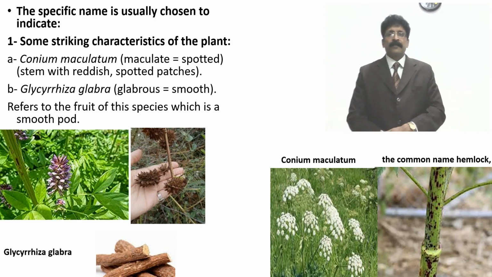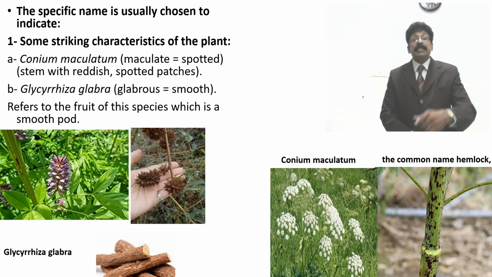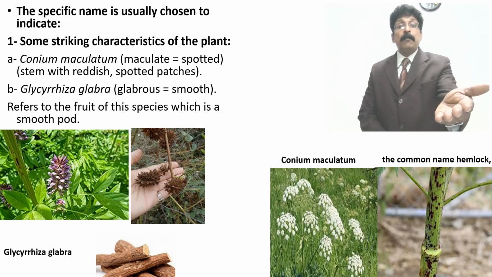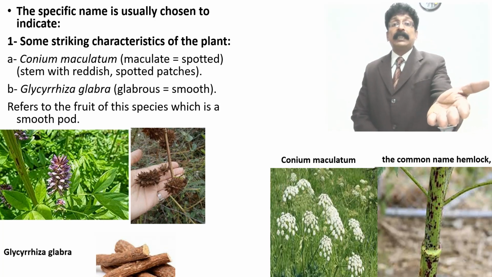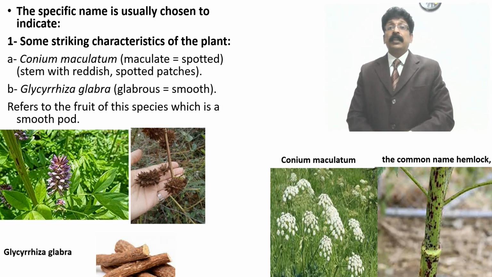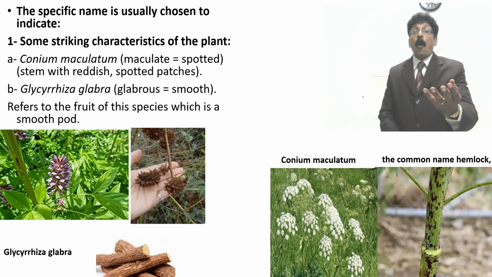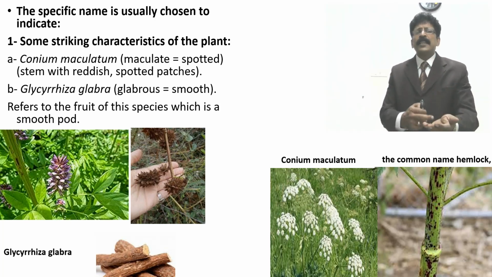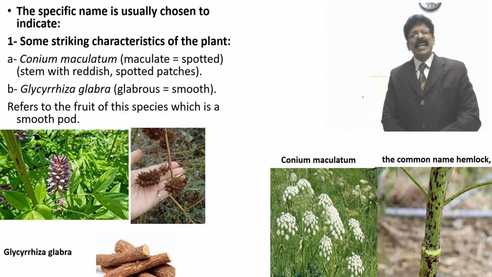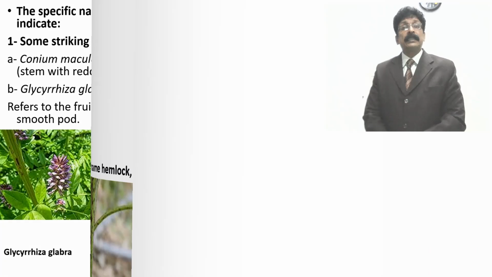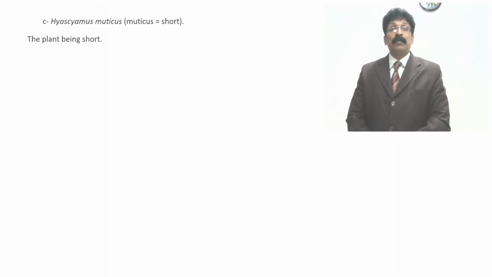And we also take the spice from the pod, which is shown in the picture. The pods, the fruit pods, are very smooth. That's the name they have given, based on some striking characteristics of the plants. Two examples we have seen.